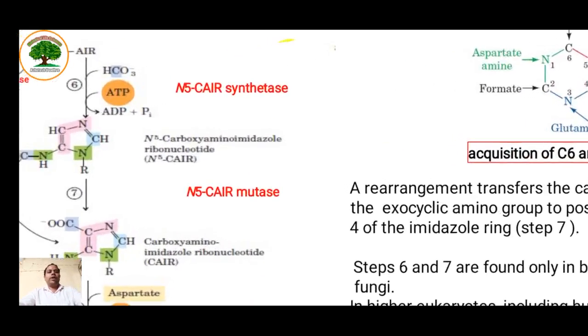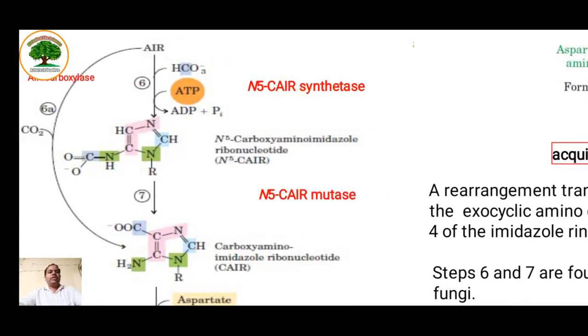Now this bicarbonate ion, you can see here, in the presence of ATP and the enzyme N5-CAIR synthetase, ATP is converted into ADP and Pi, and a C double bond O group is added here, and the compound formed here is N5-carboxyaminoimidazole ribonucleotide, that is N5-CAIR. Okay, so now this compound is again converted into carboxyaminoimidazole ribonucleotide. It can also occur via this intermediate, you can see here.